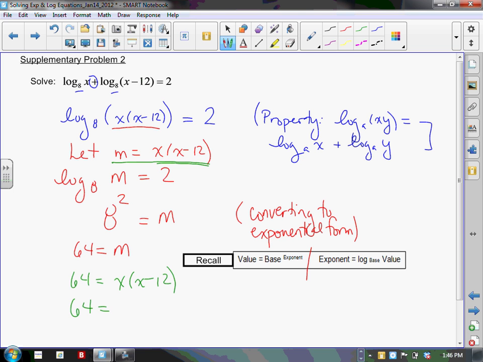So we can connect this back to an earlier part of the course, where 64 is equal to x squared minus 12x, setting one side to 0, and moving forward with this, we end up with that quadratic equation.